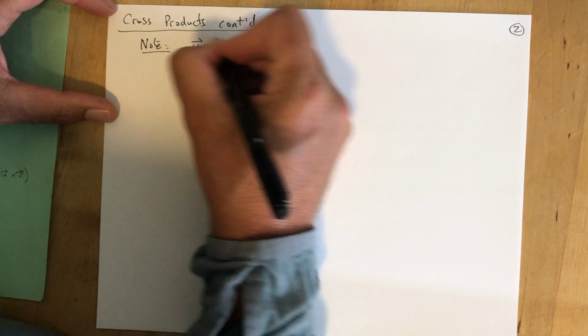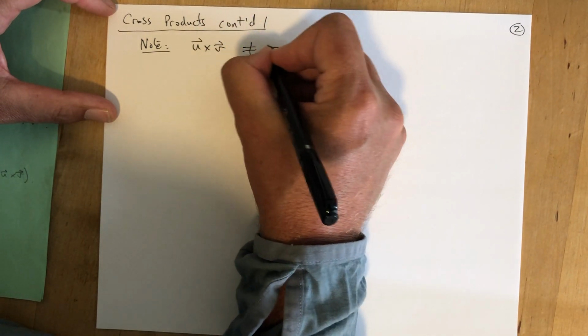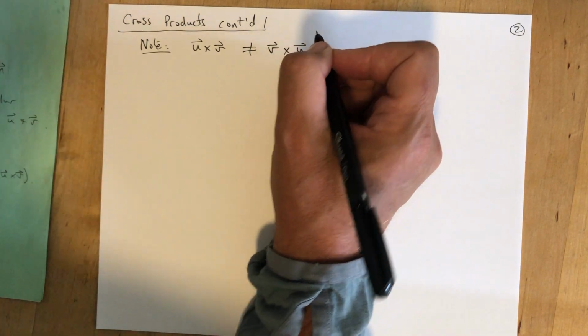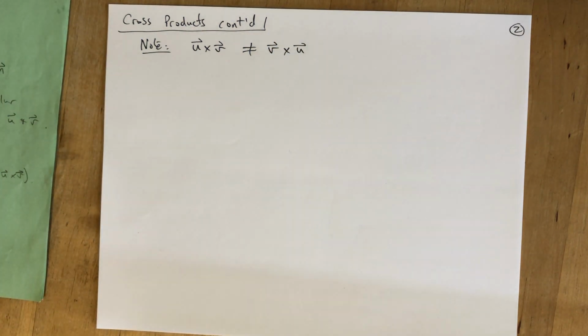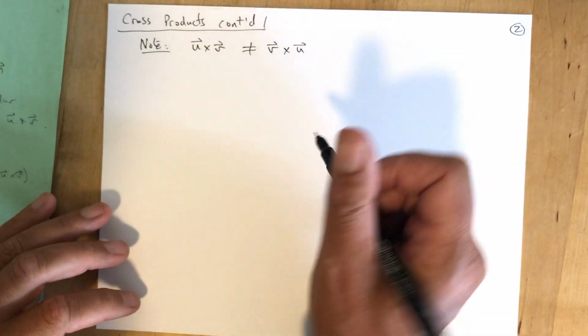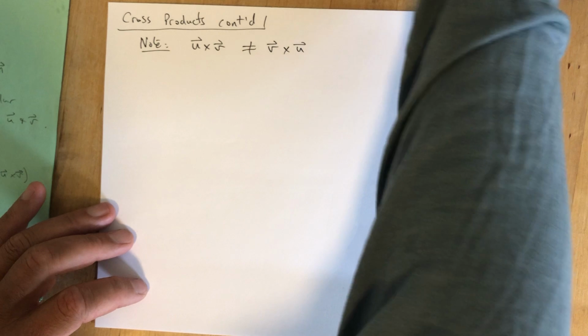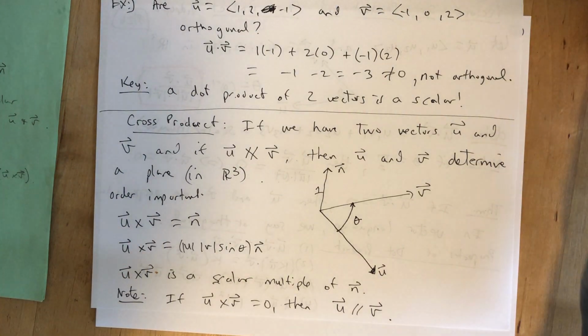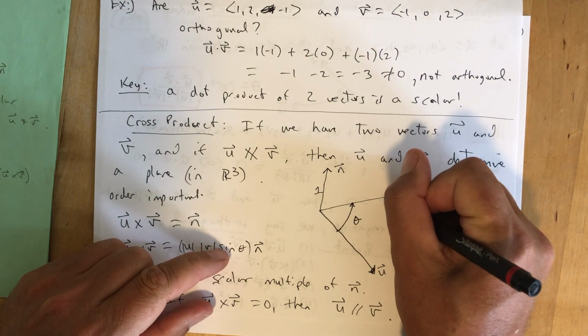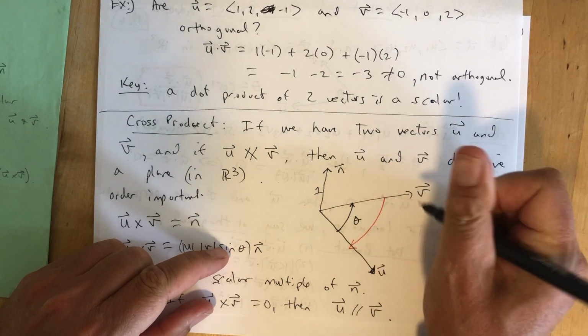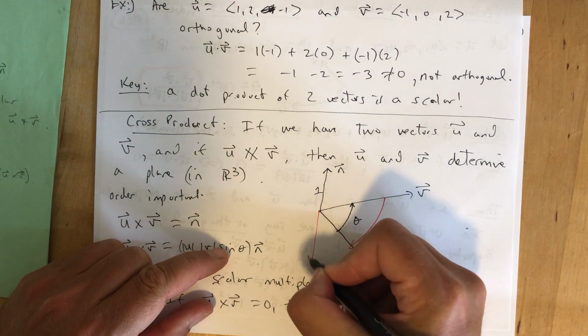U cross V is not equal to V cross U. Okay. Because of the right-hand rule, right? V cross U is going to, take this picture back here. So V cross U is going to go in this direction. And so by the right-hand rule, that thing's going to go down.